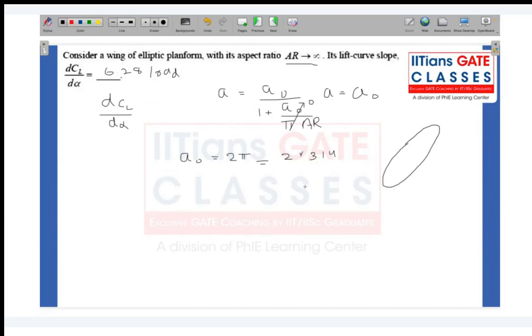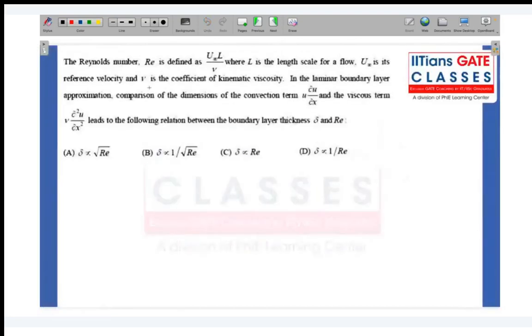The Reynolds number Re is defined as U L by nu, where L is the length scale of the flow, U infinity is the reference velocity, and nu is the coefficient of kinematic viscosity. In the laminar boundary layer approximation, comparison of the dimension of the convection term and the viscous terms leads to the following relationship between boundary layer thickness and Re.